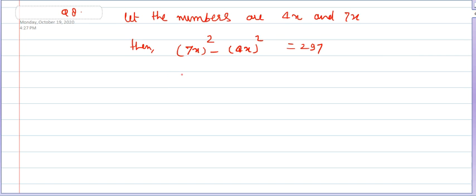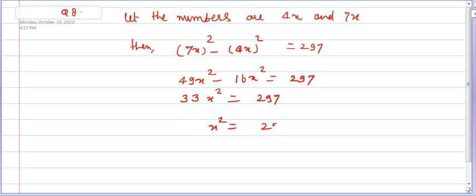So the square of 7x is 49x square minus 16x square equals to 297. अब इसको इसमें से सब्ट्रैक्ट करना है. So it is just 33 x square equals 297.